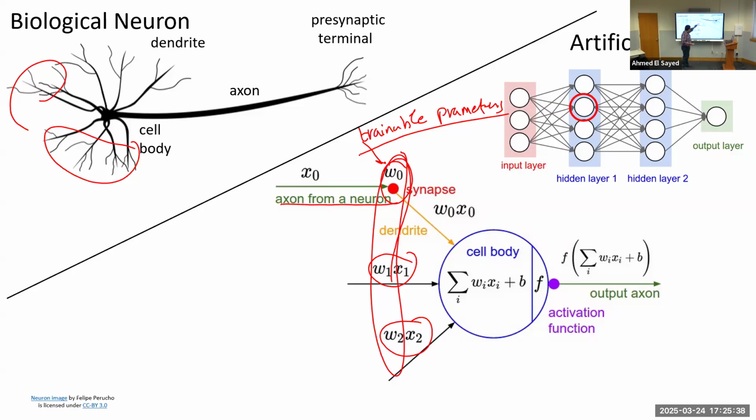So those are our trainable parameters, the parameters that we are looking to adjust or modify in the training process. Then, all those signals multiplied by the weights will be added together. This, plus this, plus this, plus this, plus all the others, with some bias.